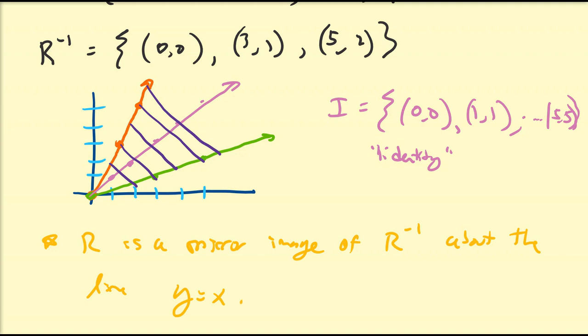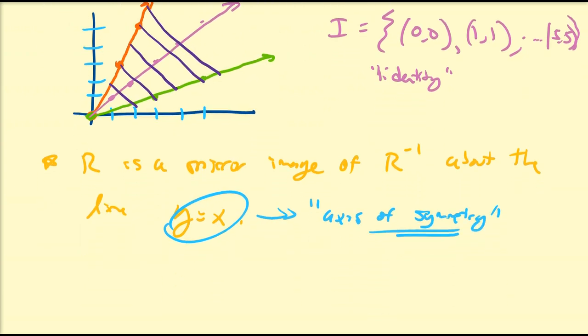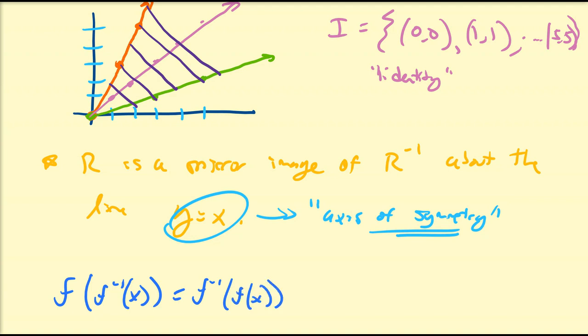Some people refer to this line y is equal to x as the axis of symmetry. And remember that one of the special properties of compositional inverses is that f composed with f inverse is equal to f inverse of f, is equal to x.